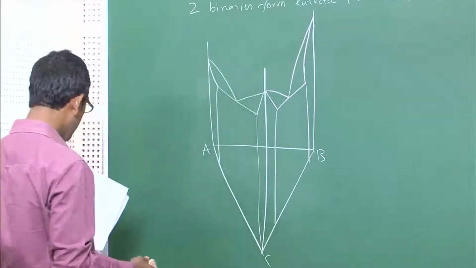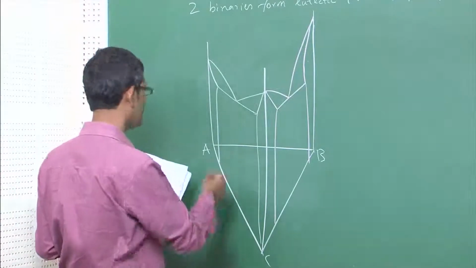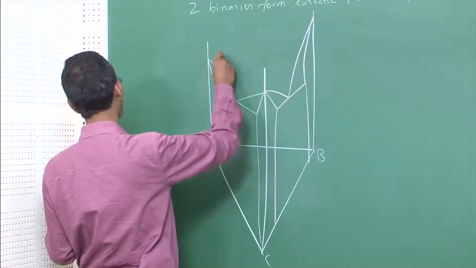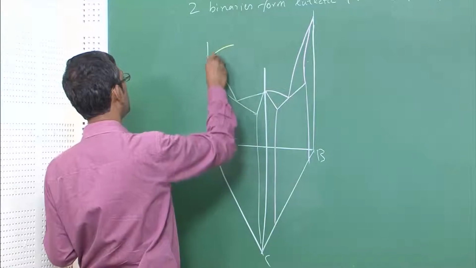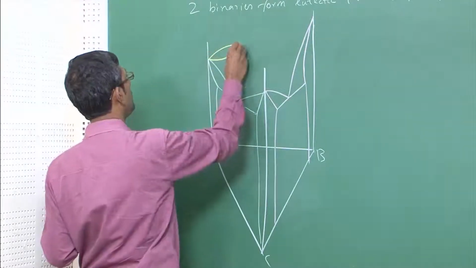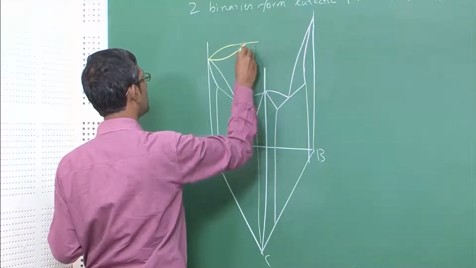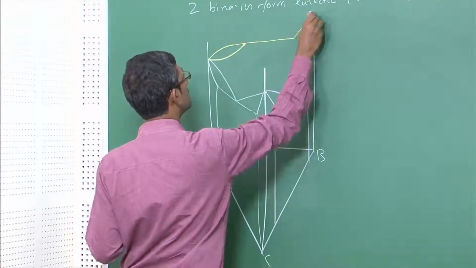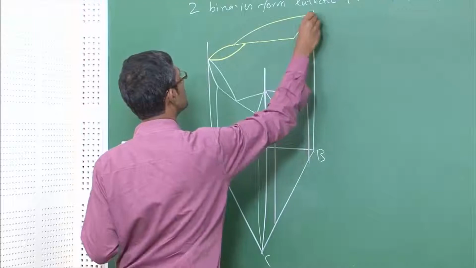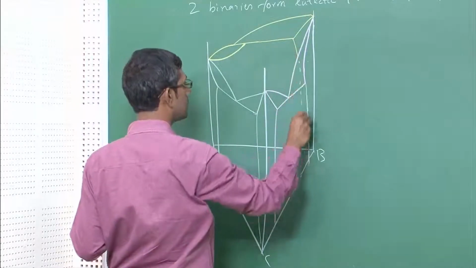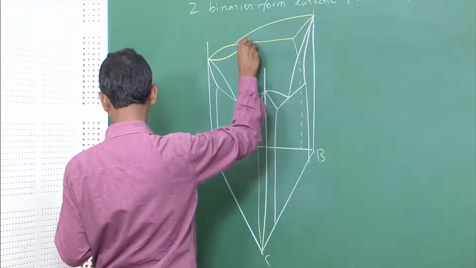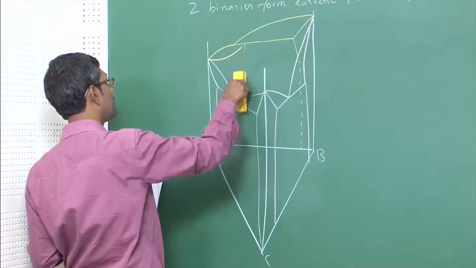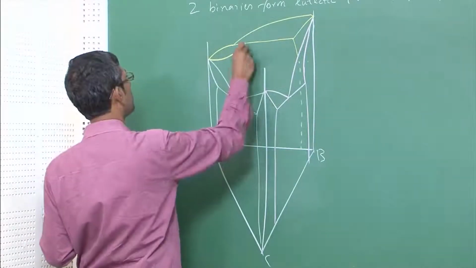But on the other hand, AB forms a peritectic reaction. The AB couple forms a peritectic type of phase diagram. So, how will it look? Not very difficult to do. We know that a peritectic reaction will be like this. Let me just distort it a little bit, so that you can understand.